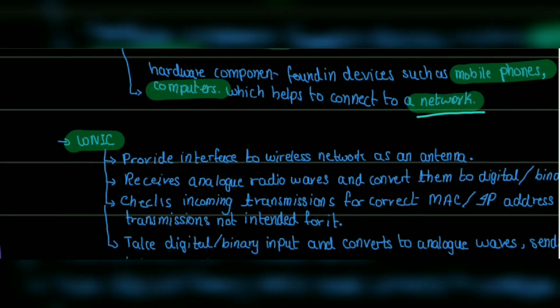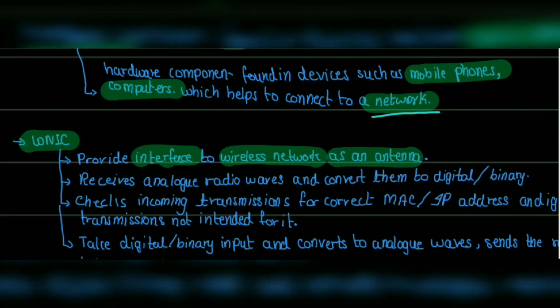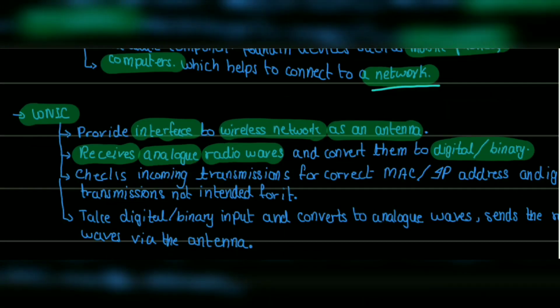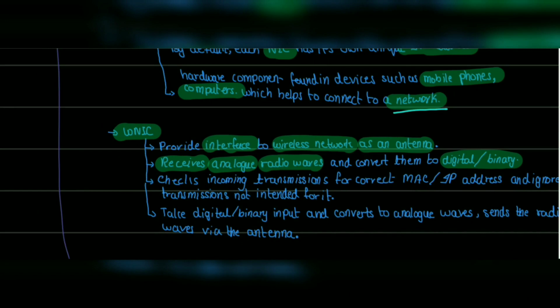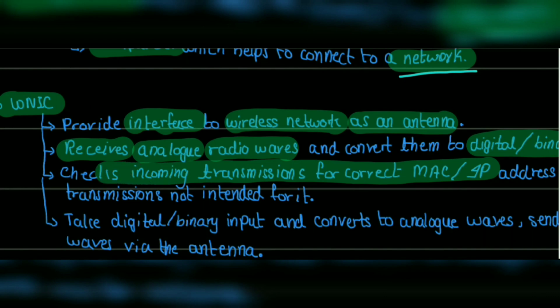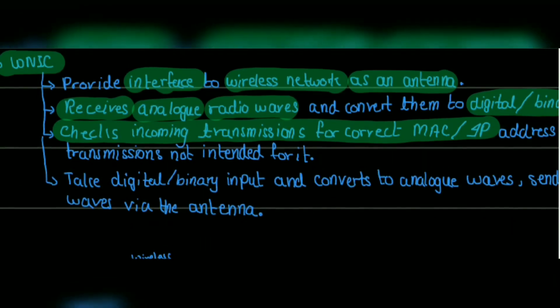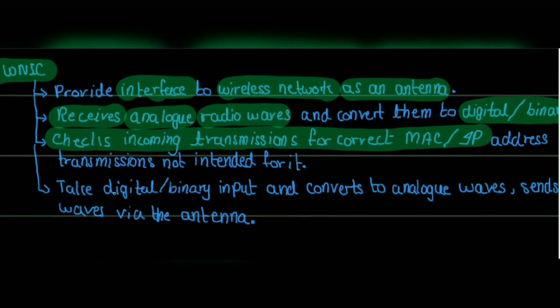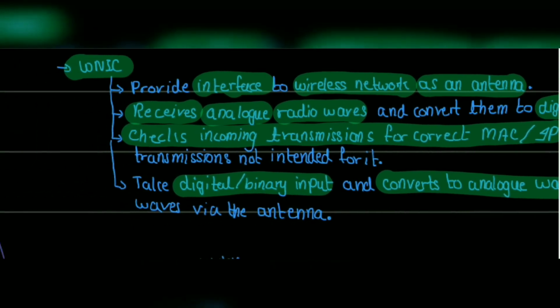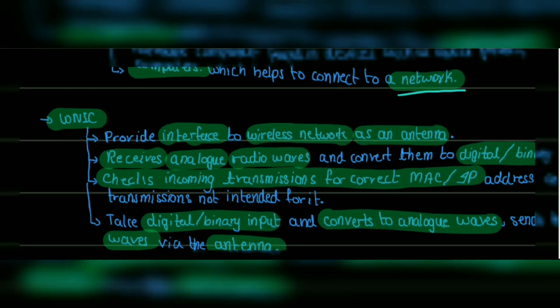A WNIC provides an interface to a wireless network as an antenna. It receives analog radio waves and converts them to digital binary. It checks incoming transmissions for the correct MAC address and ignores transmissions not intended for it. It also takes digital binary input and converts it to analog waves, sending a radio wave via the antenna.